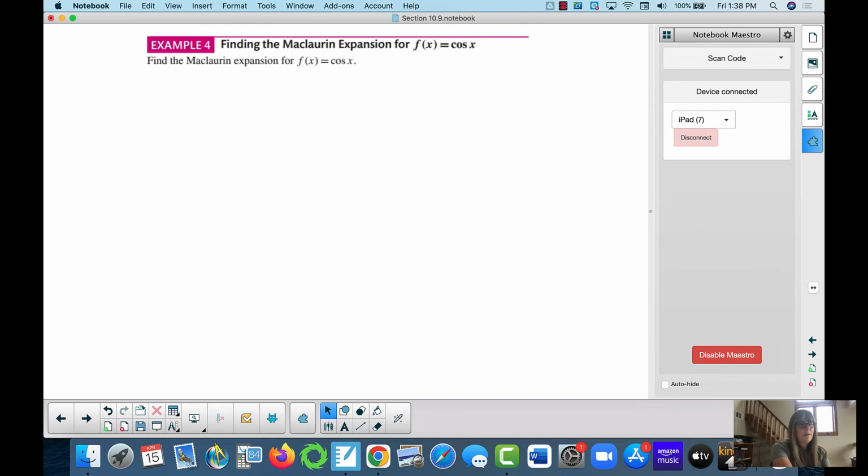So in this example, we're now going to do that for cosine x. Well, we don't have to go through all of that. Cosine x is the derivative of sine x. So we can use the differentiation property to figure out what cosine x is going to be.